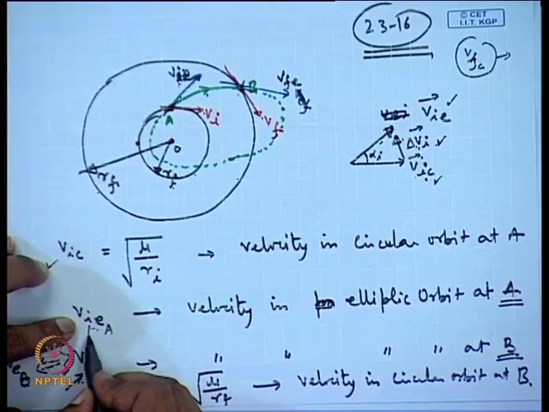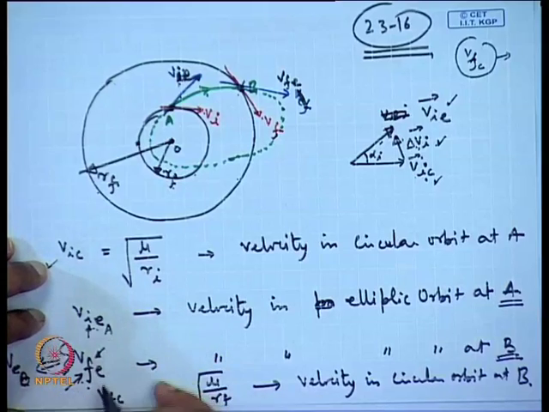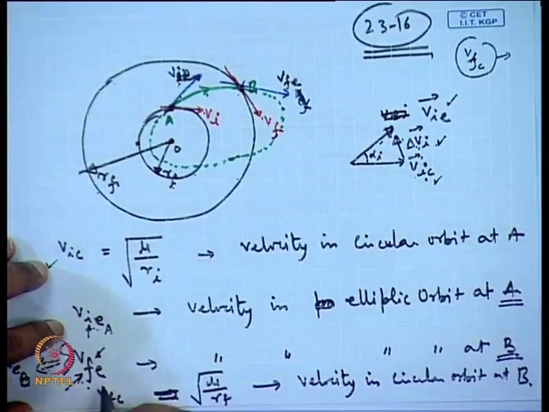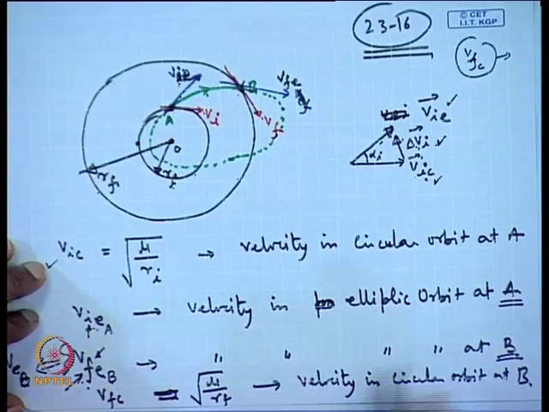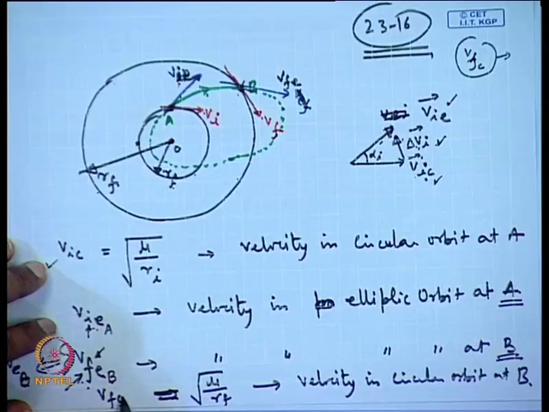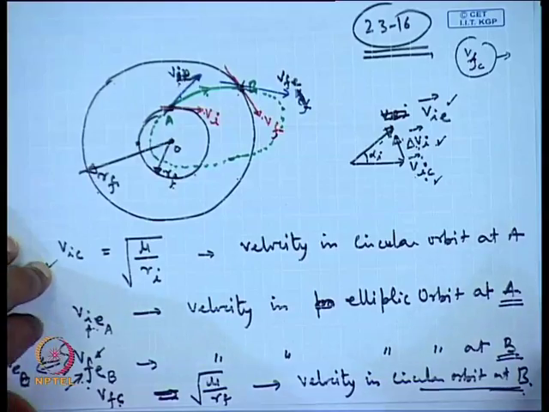Corresponding to that, the subscripts I and f appear. E corresponds to the elliptical orbit, and finally we can put a subscript B to indicate that this is at point B. That completes our notation. V_FC is the velocity in the final circular orbit, C stands for the circular orbit, which is given by root of mu by r_f, the velocity in the circular orbit at B.